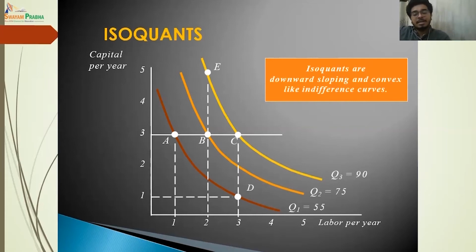Whereas if I increase 1 extra unit of labor, so the labor moves from 1 to 2, and the capital remains fixed at 3, the production increases to 75. In the third one I increase labor to 3, the capital remaining fixed at 3 units, and hence again I have increased the labor with the same amount of capital.